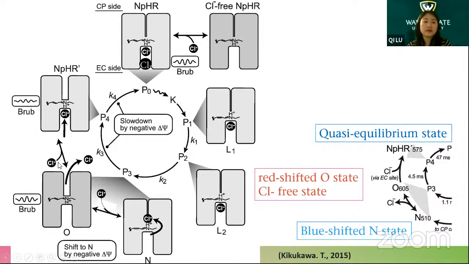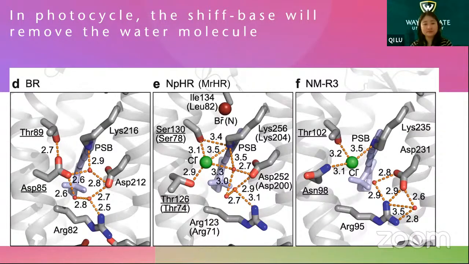And after binding the chloride, it will change to the O state and further decay to the HR prime state. So here we're talking about an experiment, a research method to make this discovery. I think it's quite smart, and this is how scientists make discoveries. It's pretty cool.